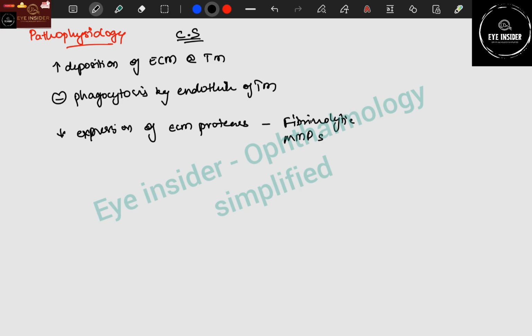These break down the ECM, so they are reduced and deposition of ECM is increased. It also reduces the expression of the TIGR gene, which in turn reduces the expression of matrix metalloproteases. It also reduces PGF2 alpha, which is an outflow enhancer or facilitator. In this way, there is increased deposition of ECM and debris in the extracellular matrix, which in turn causes open angle glaucoma.